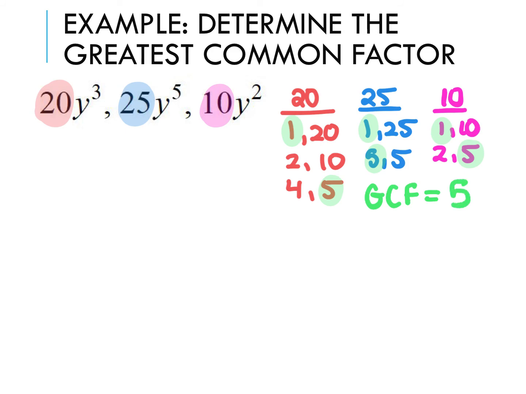Then I'm going to list the variables. So I first have y to the third. So I have y to the third is really 3 y's. Then I have y to the fifth, which we know is really 5 y's.